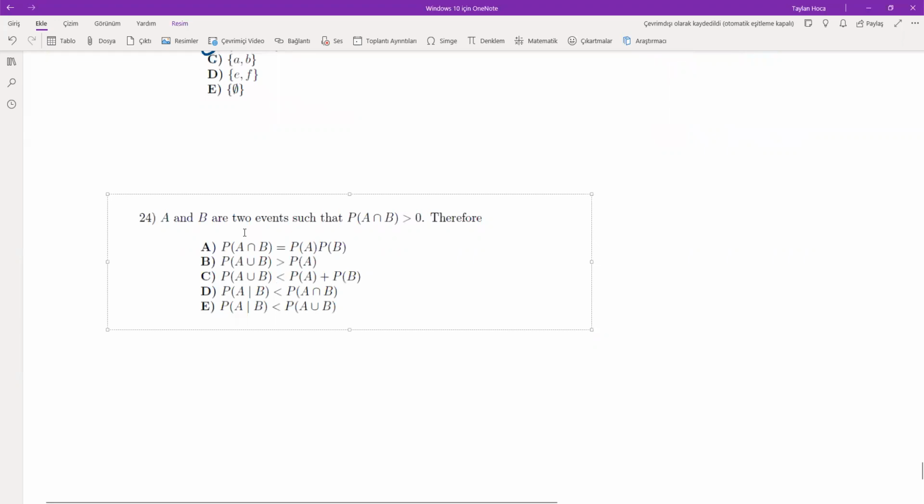A and B are two events such that P of A intersection B is greater than 0. First of all, I tried to make this a very difficult question, but I still want to know what you think. Just check, no calculation, nothing.